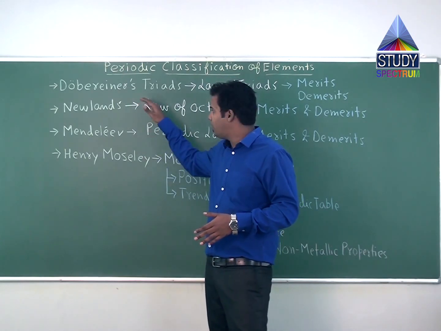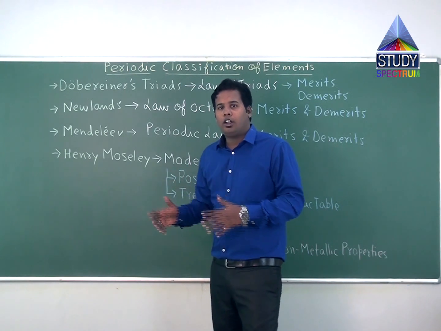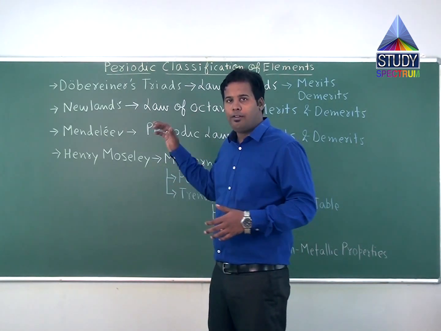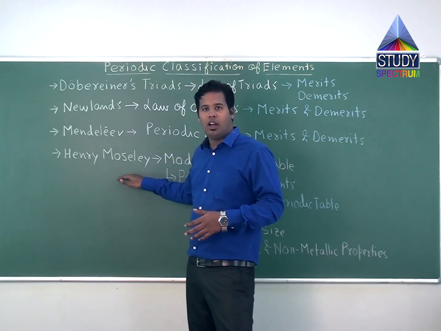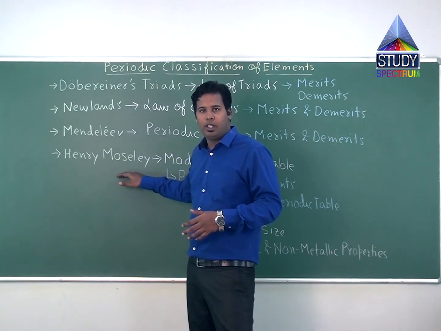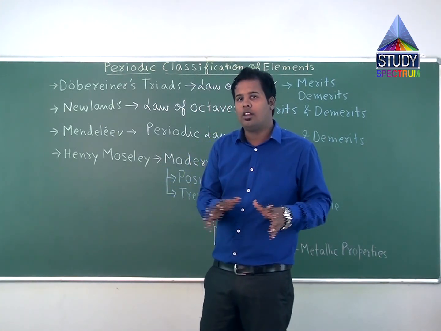All 3 recognized scientists failed. Their periodic tables were not so useful. We'll try to understand why they failed and how Henry Moseley, another English scientist, came into the picture and gave us the modern periodic table which we use now.